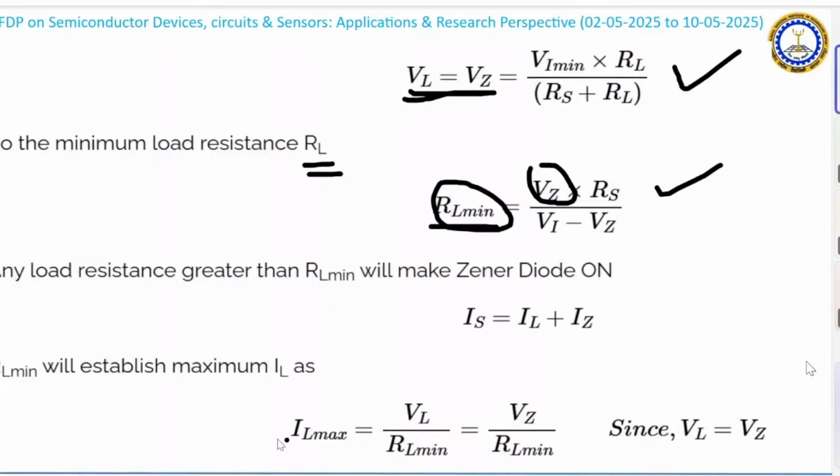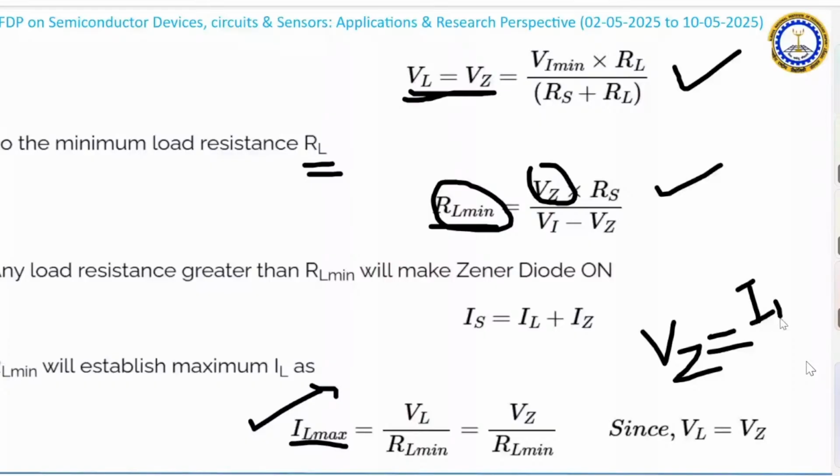Likewise, we can determine IL maximum, the maximum amount of current that can flow. If the load resistance is minimum, the current flowing can be maximum, because the voltage VZ is fixed. Voltage is the product of IL and RL, so if RL is decreasing, the current IL is increasing.